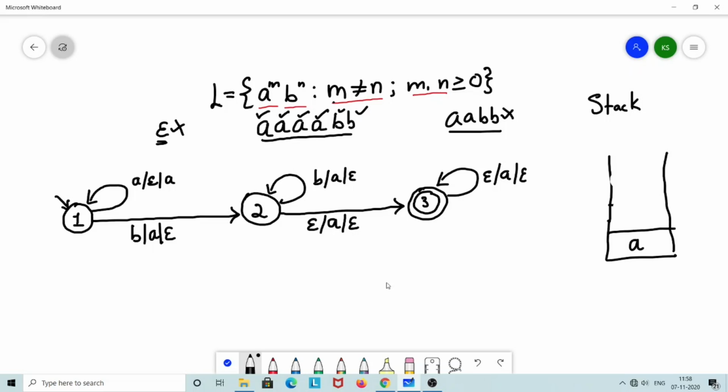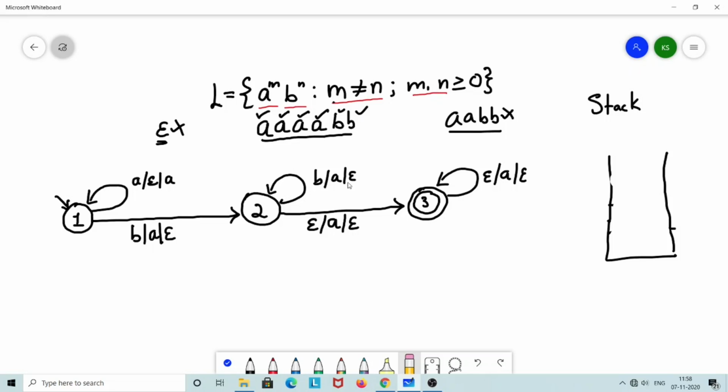Okay. Yes. So this A is also popped out. Now what did happen? For every A, we have pushed A onto the stack and we remained in state 1, and when we encountered B, we made a transition to state 2 by popping A out.